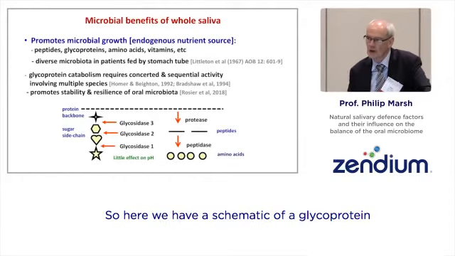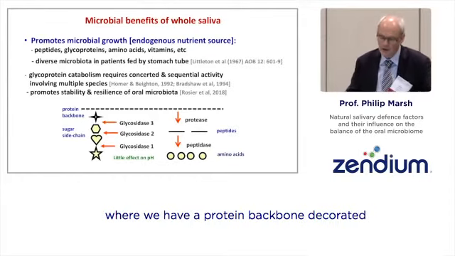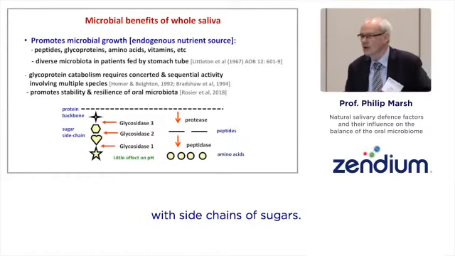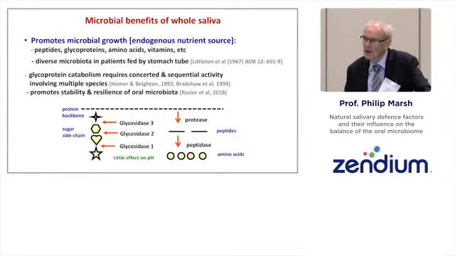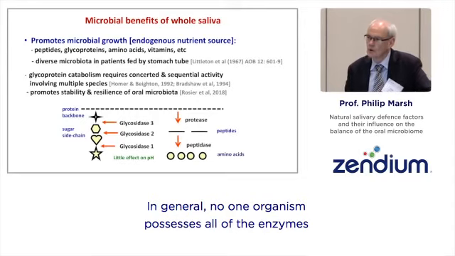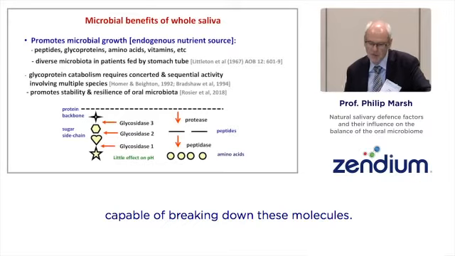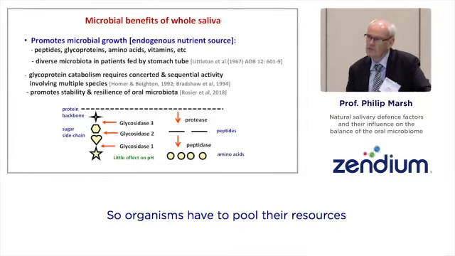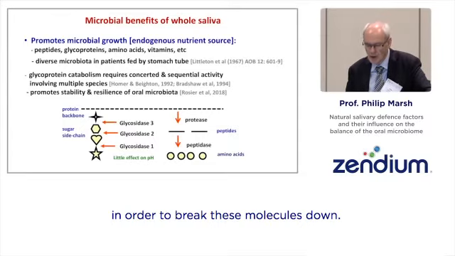Here we have a schematic of a glycoprotein where we have a protein backbone decorated with side chains of sugars. In general, no one organism possesses all of the enzymes capable of breaking down these molecules, so organisms have to pool their resources in order to break these molecules down.